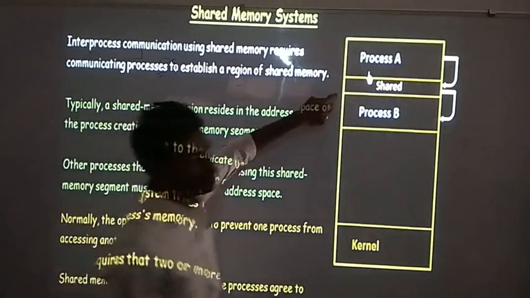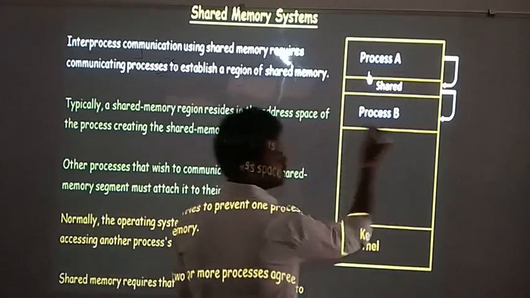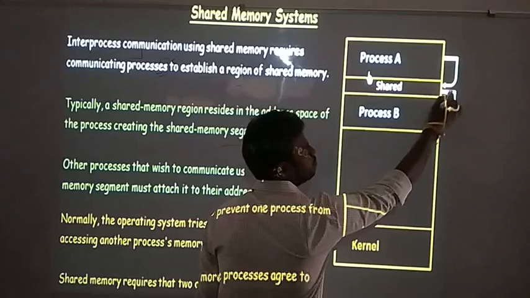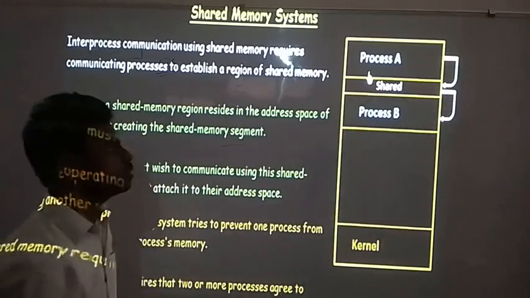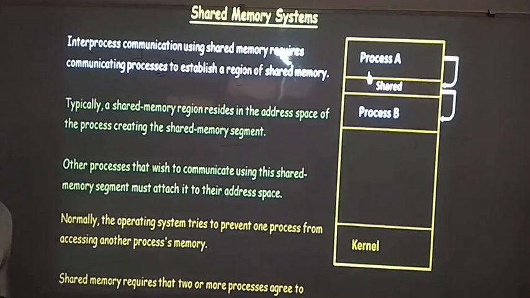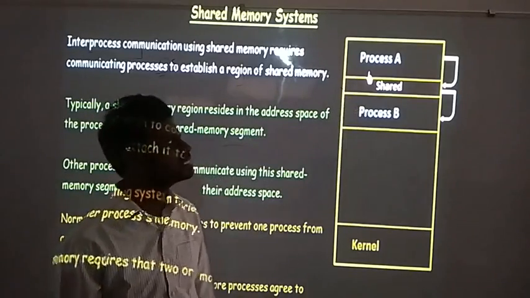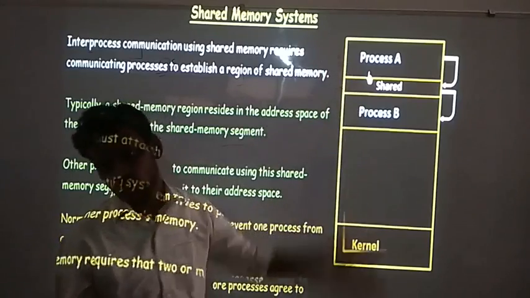When it creates this space, it puts the data that has to be shared by some other process, that is, process B. Process B will access the data from the shared memory. Vice versa, process B can also share data. But generally, in our memory organization, the operating system tries to prevent access of memory from one process to another. Say process A has some memory and process B has some memory, then every process has its own memory region.